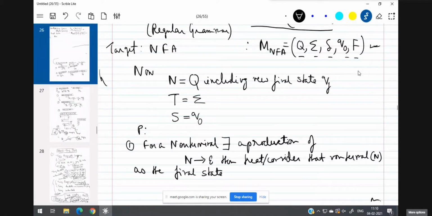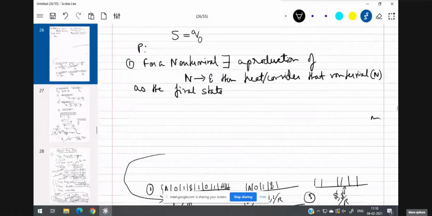You might be confused right now at this moment, but after the example, it will be clear.